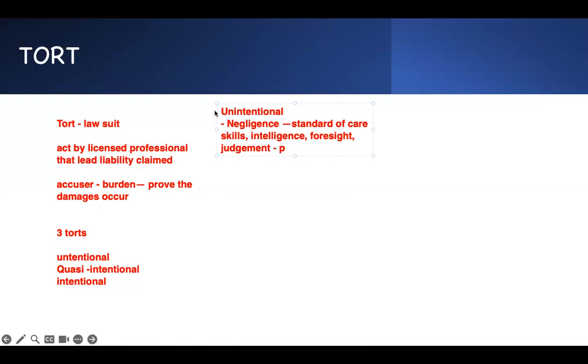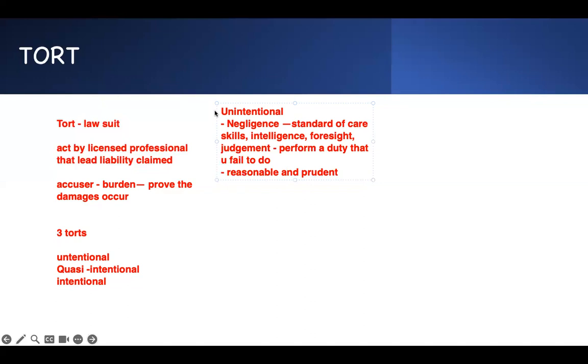So perform a duty that you fail to do. That is standard of care. And if you look at it in the text, they will use the words reasonable and prudent. These are lawyer words.